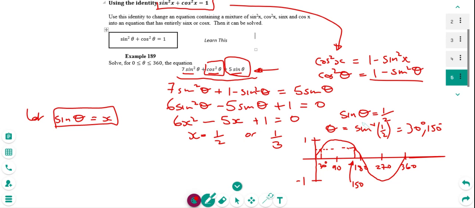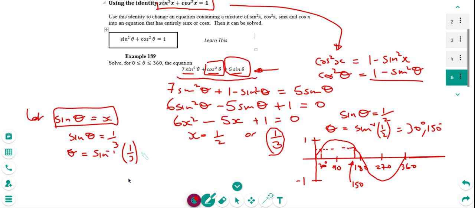We're now going to look at the other value, the 1/3. So here we've got sine theta is 1/3. If we put that into the calculator, theta is sine minus 1 of 1/3.